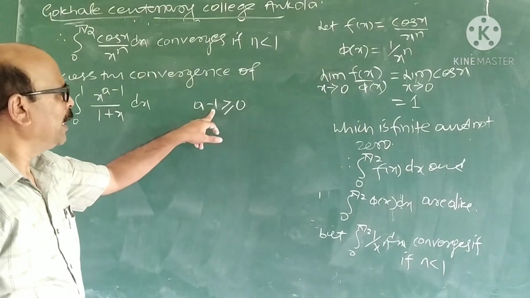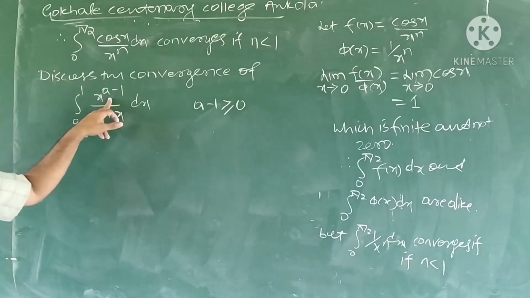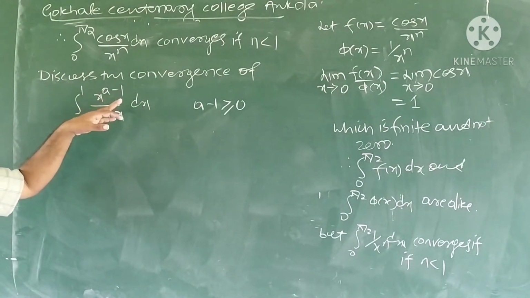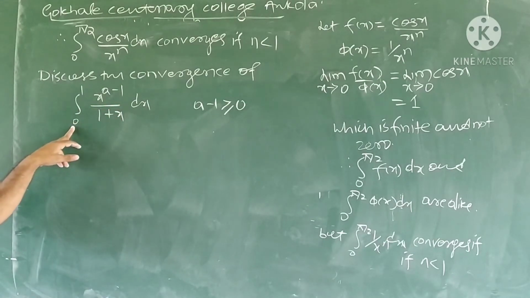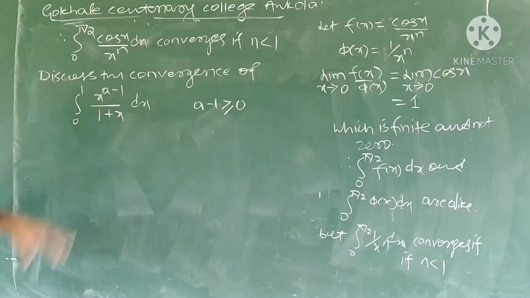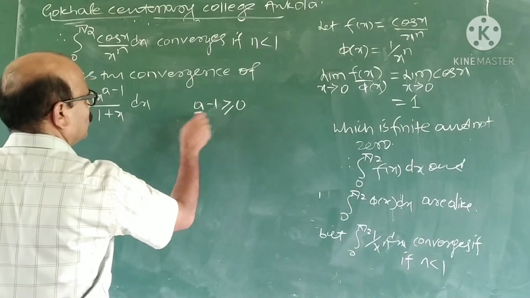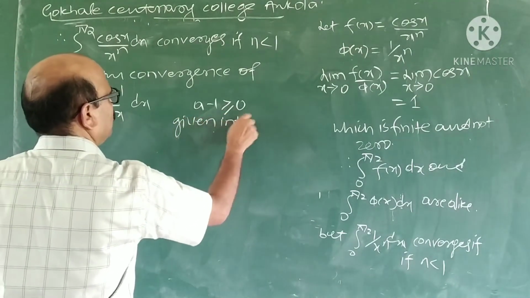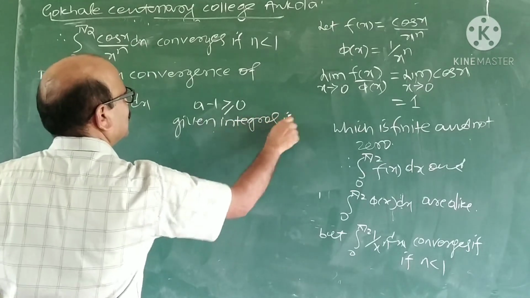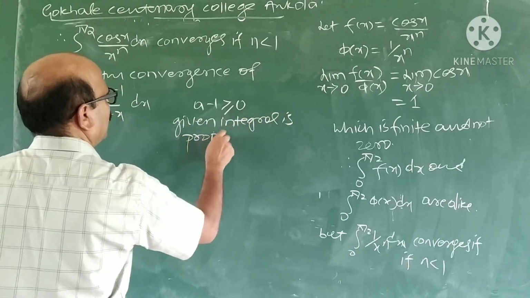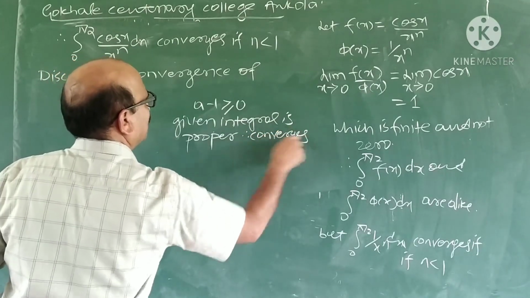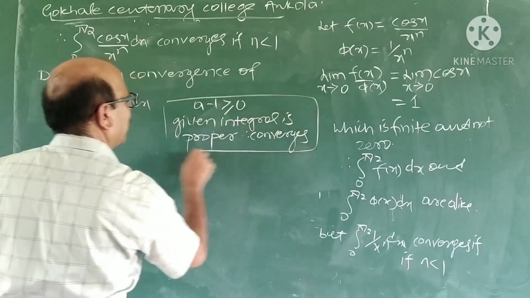Suppose a minus 1 is greater than 0, then also x raised to a minus 1 remains in the numerator, and 0 doesn't give any problem for this f(x). For a minus 1 greater than or equal to 0, the given integral is proper. Therefore, it converges. And it is our assumption that every proper integral converges.